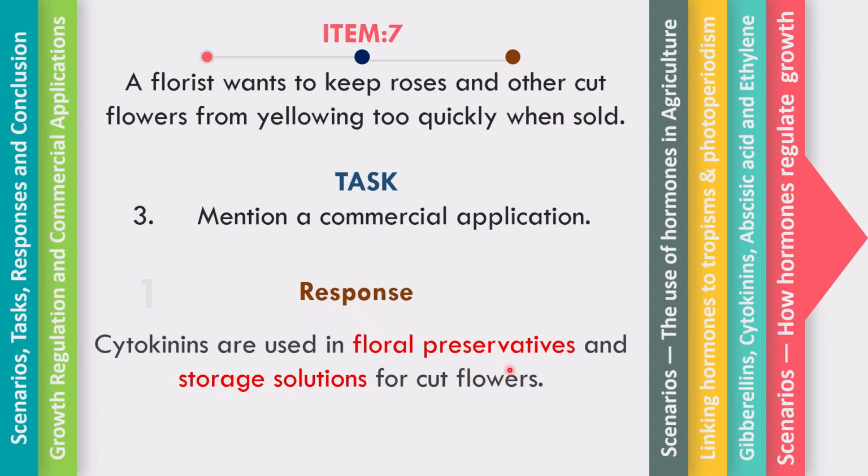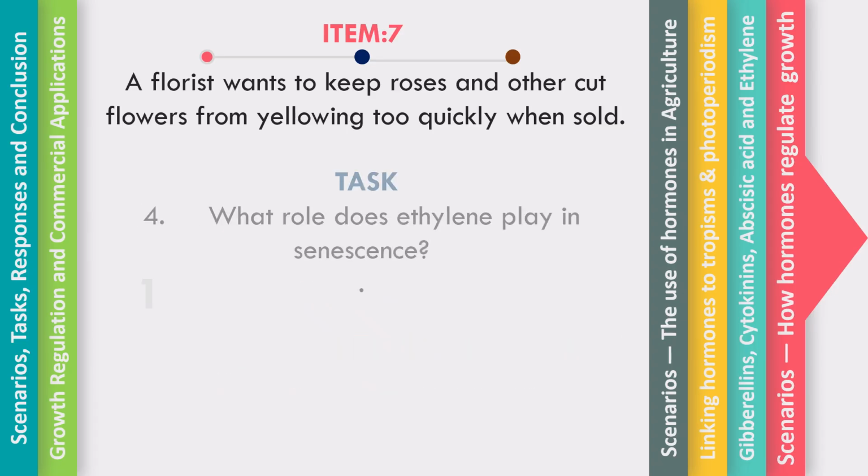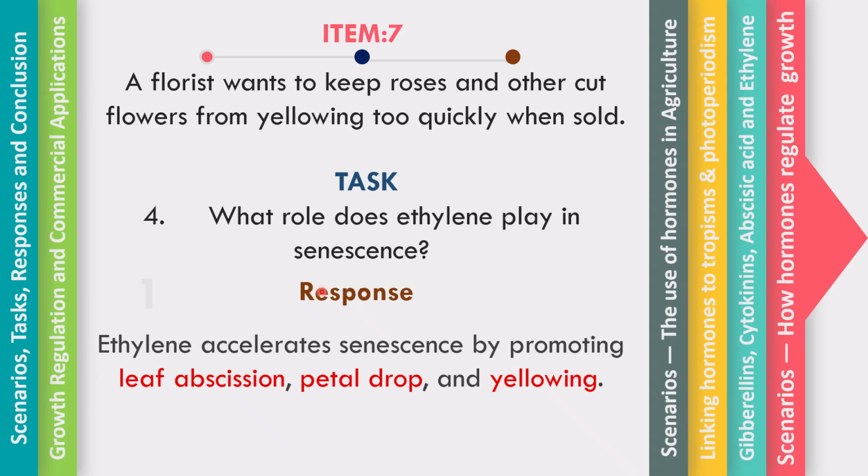Cytokinins are used in floral preservatives and storage solutions for cut flowers. What role does ethylene play in senescence? Ethylene accelerates senescence by promoting leaf abscission, petal drop, and yellowing.